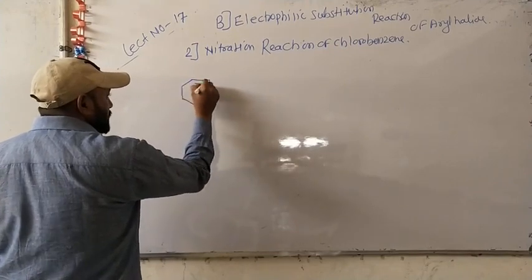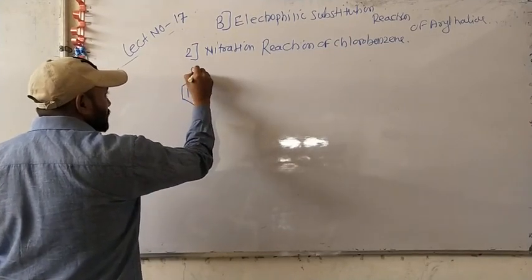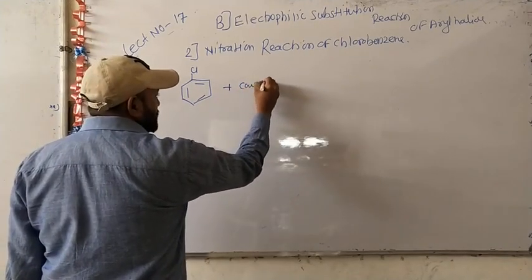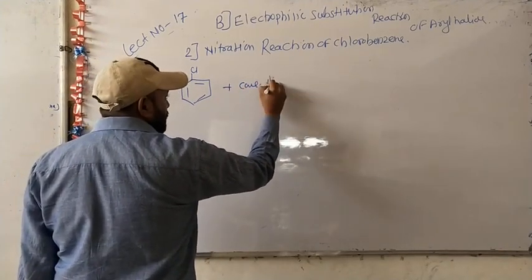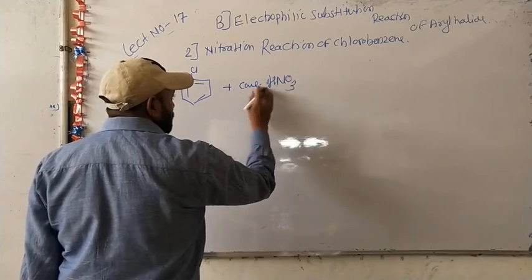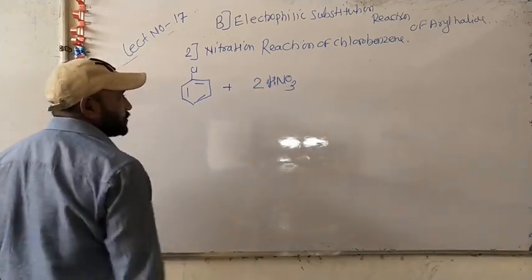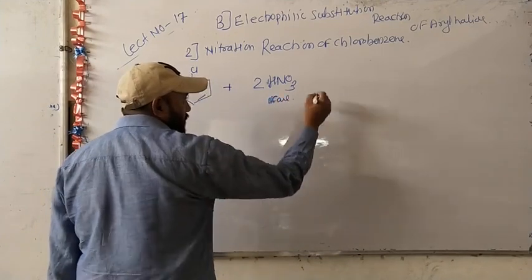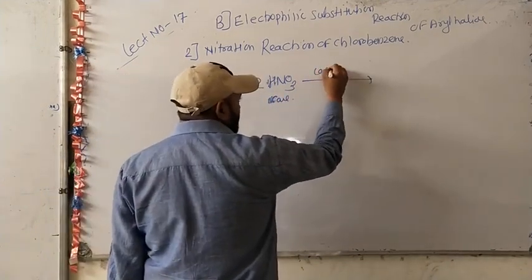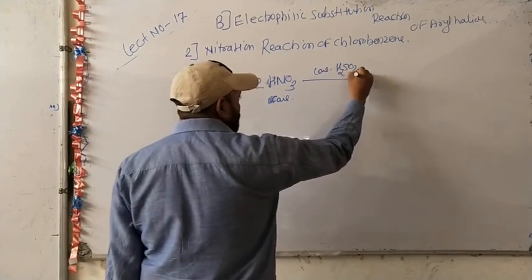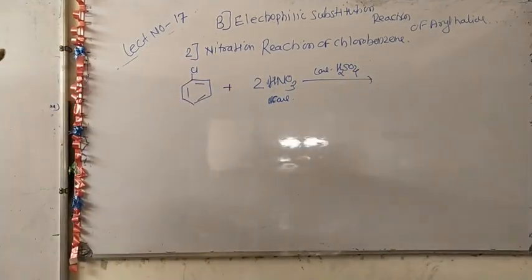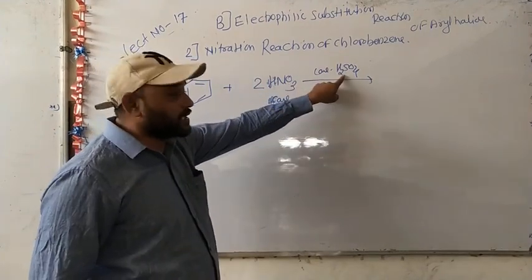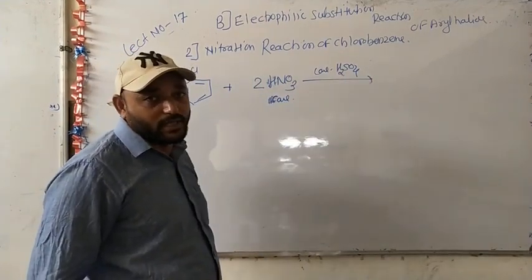When chlorobenzene is treated with concentrated HNO3 in presence of concentrated H2SO4, the mixture of concentrated HNO3 and concentrated H2SO4 is called a nitrating mixture.